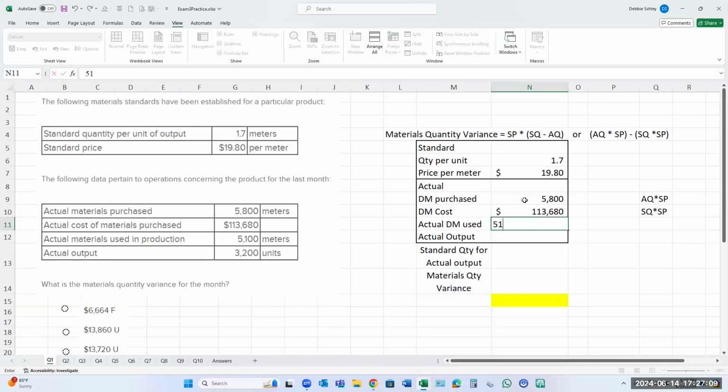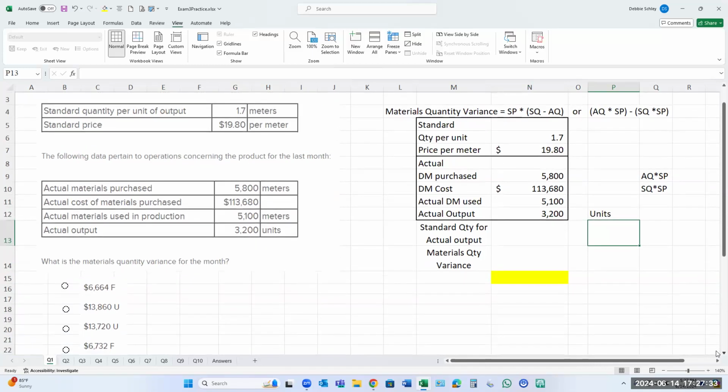Actual materials used in production, 5,100, and actual output was 3,200 units. What is the materials quantity variance for the month?